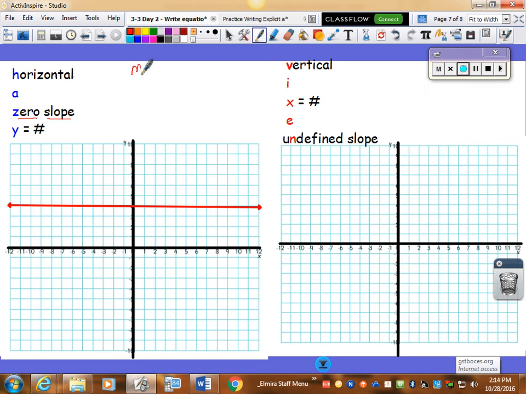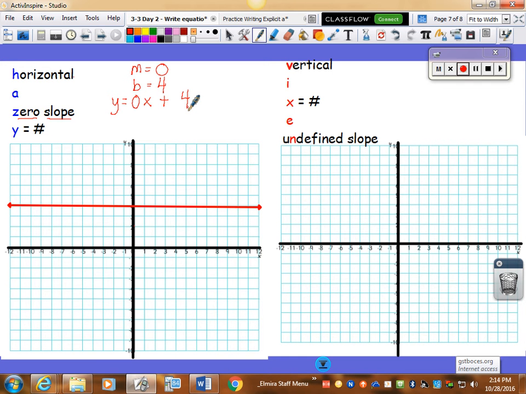So my M would be 0. My B, or my y-intercept, would be 4. 1, 2, 3, 4. I know you can't see the numbers. They're covered up a little. So if I go to write y equals mx plus b, I get y equals 0x plus 4.